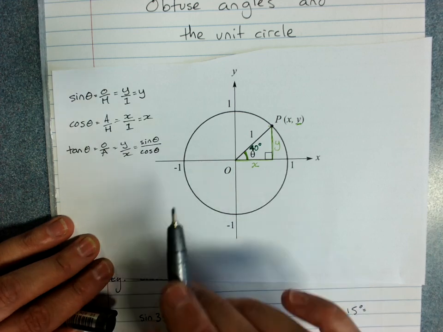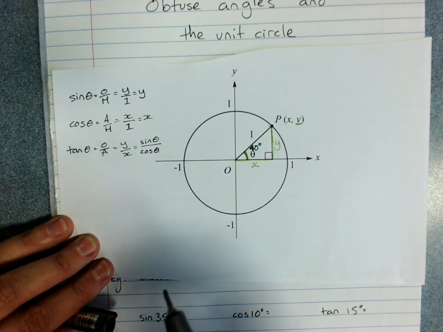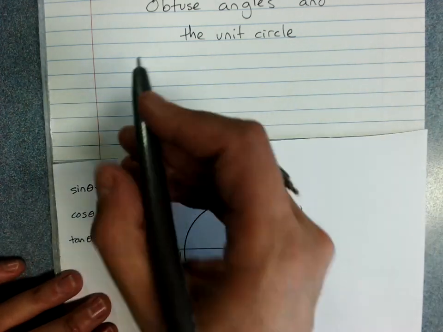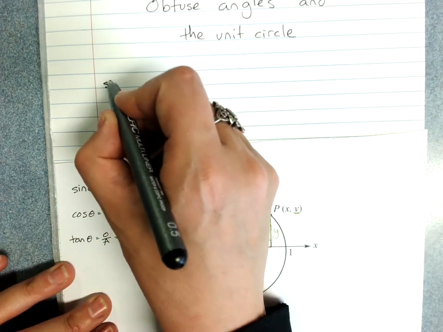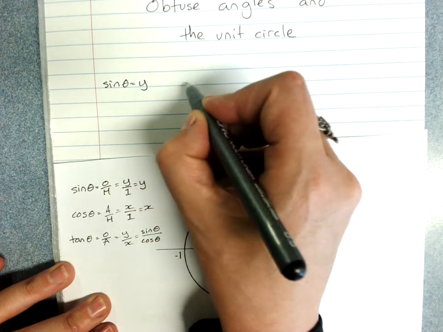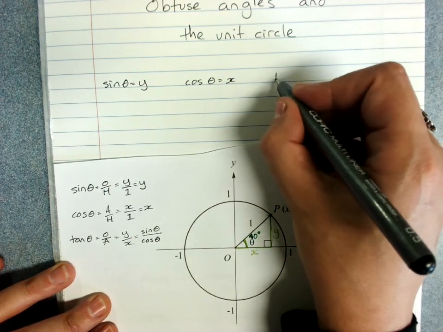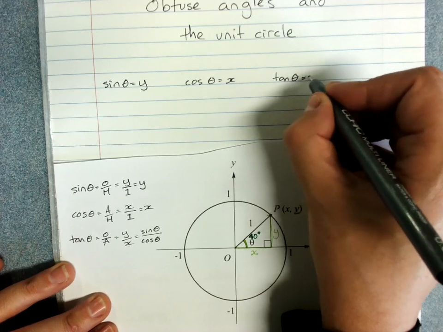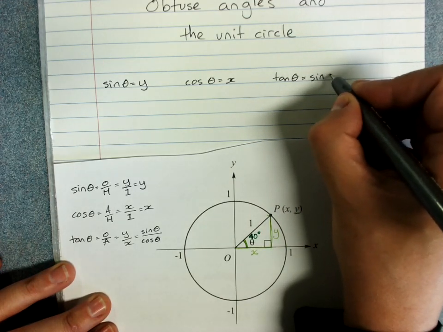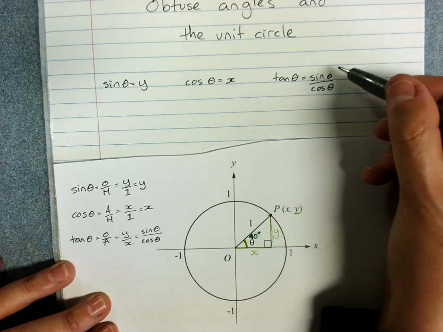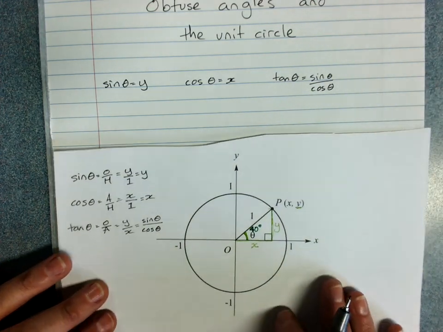So these three identities are important. If we write those down as a rule, sine theta equals y, cos theta equals x, and tan theta equals sine theta over cos theta. Tan of the angle is sine of the angle divided by cos of the angle.